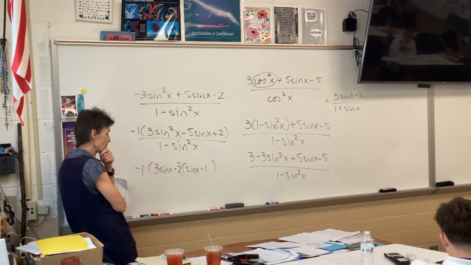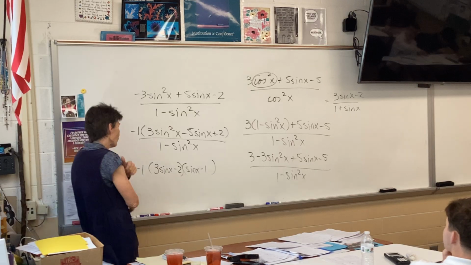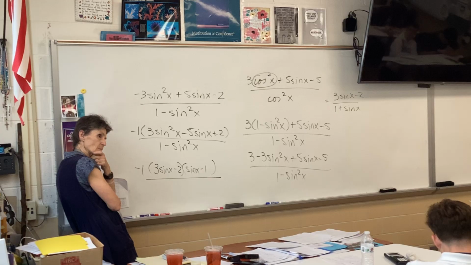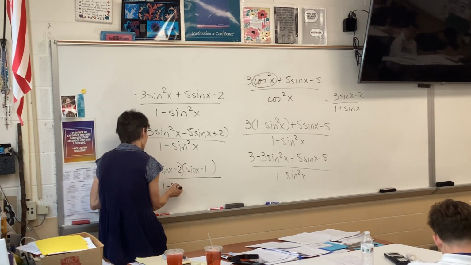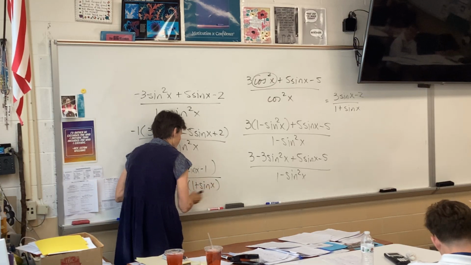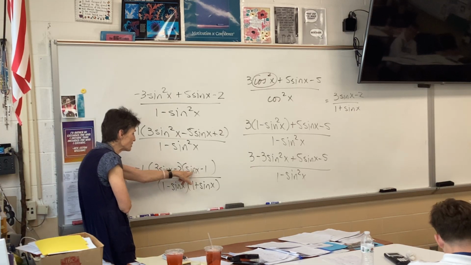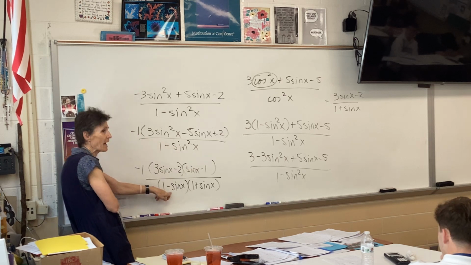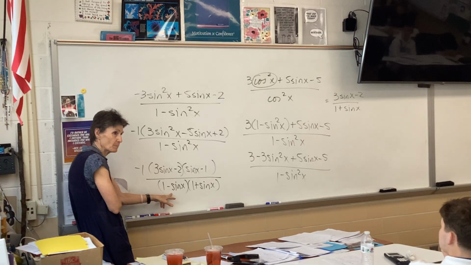Does that look better? And what about the bottom? Can I do anything with the bottom? It's the difference of squares. Now, these two, the way I've done it, don't cancel, because they're not exactly the same.